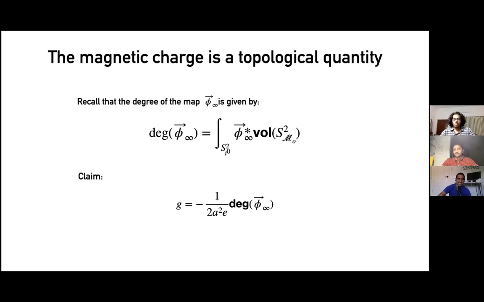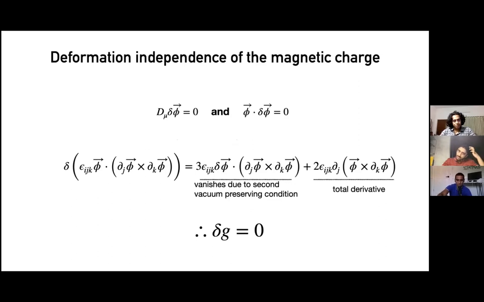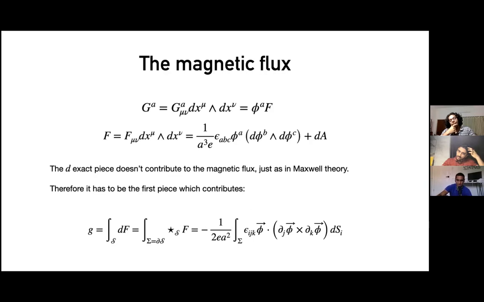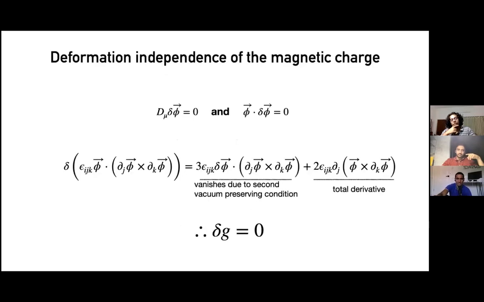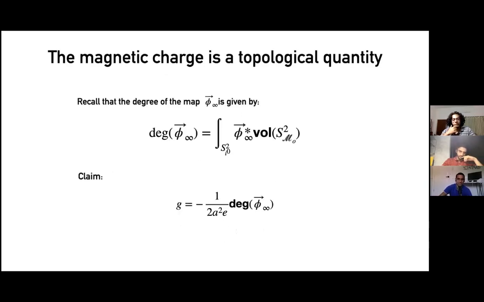Right? So it's like this quantity, right? Phi dot d phi cross d phi is really the volume form on S2 adapted from R3.